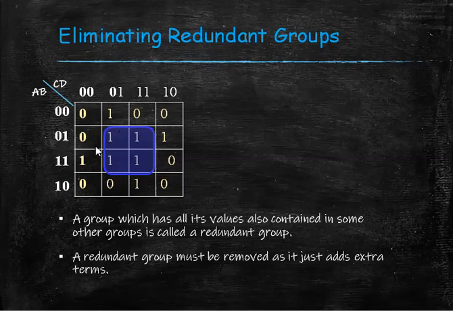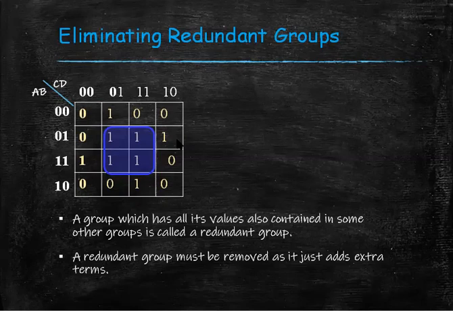We can't consider this quad alone, because when we consider this quad, here a 1 is a single one, here a single one, here a single one, and here a single one. Then 4 single ones are left there. That is not allowed.